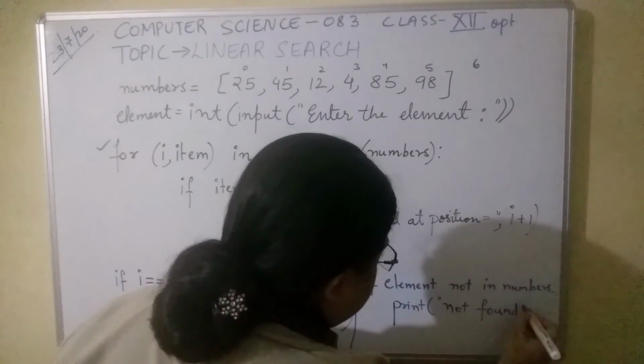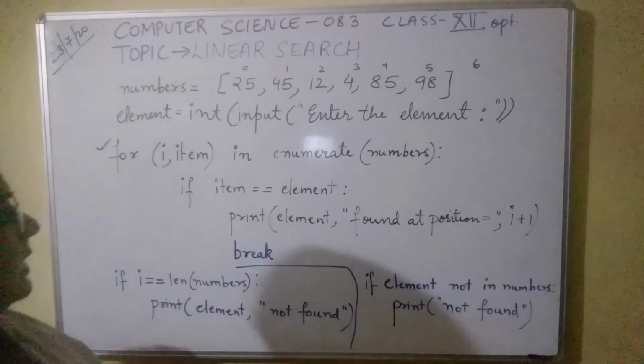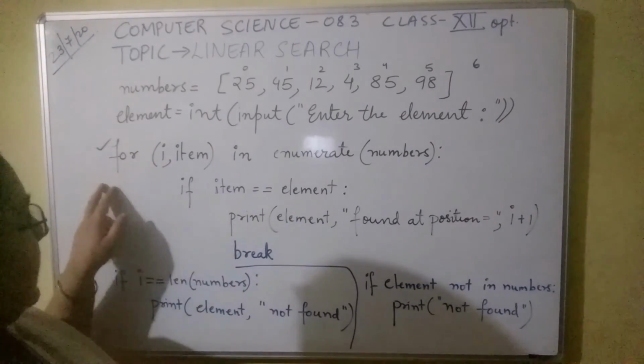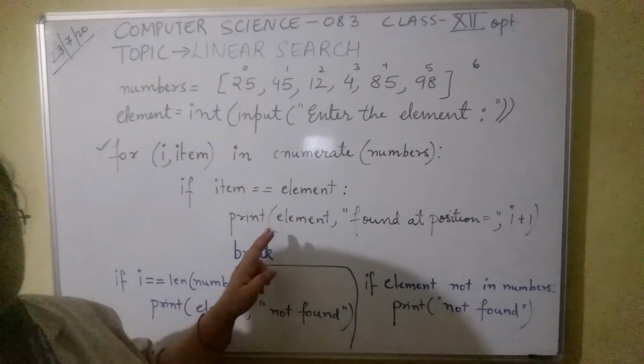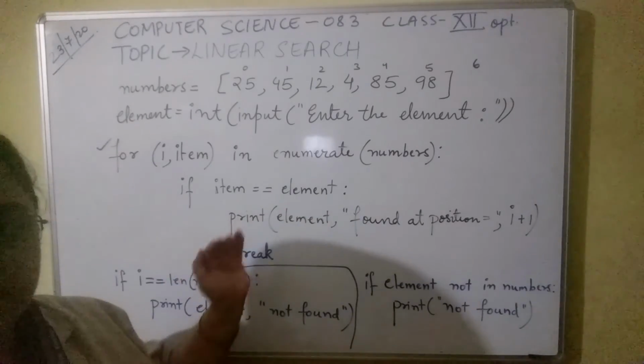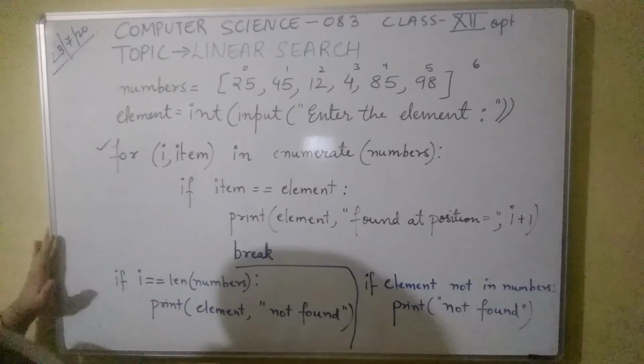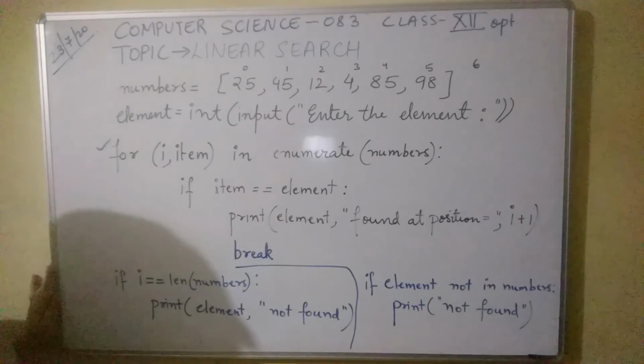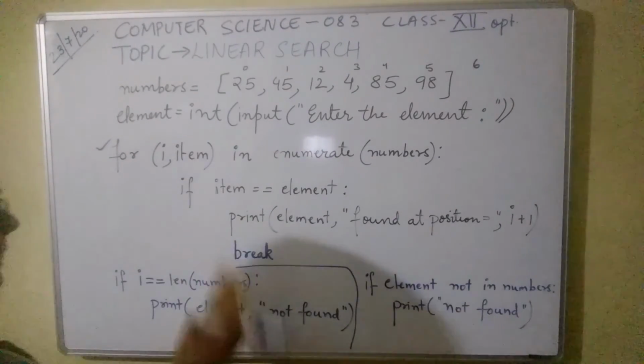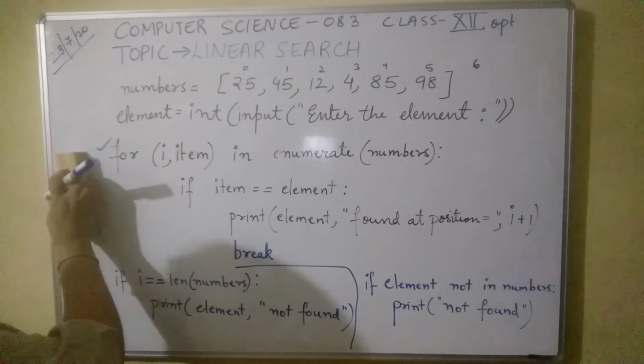We can shrink this program even further by simply writing if element in numbers, then print the index of the number. So we will do that. Please take a screenshot of this and then we will write that small part and conclude this class.